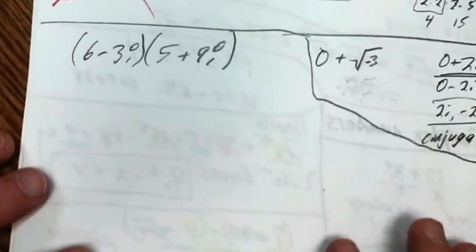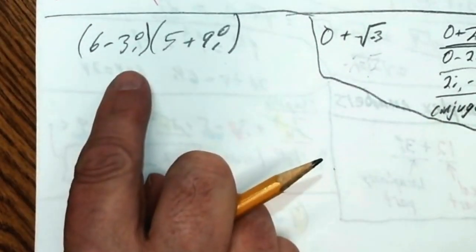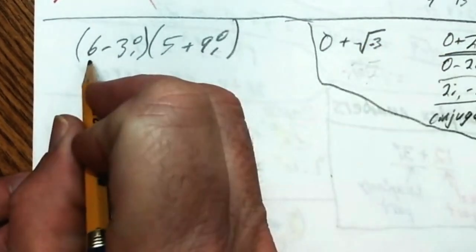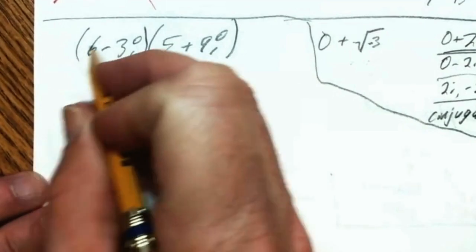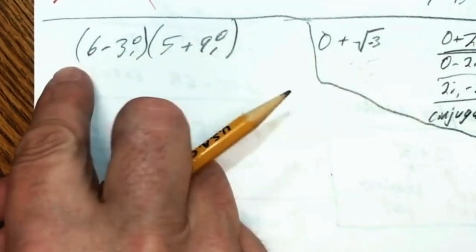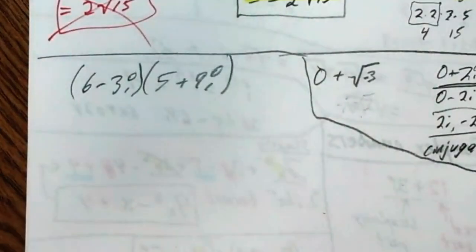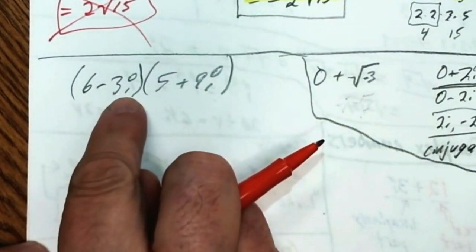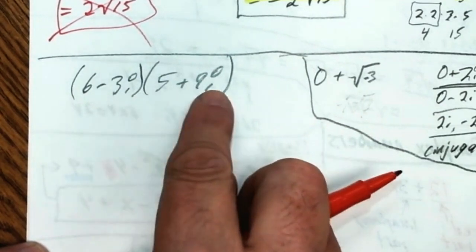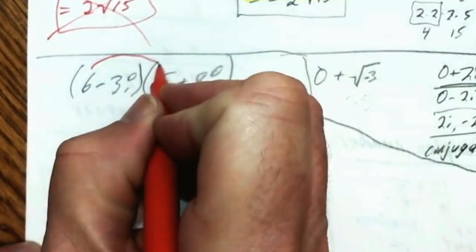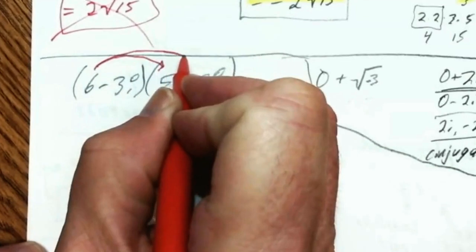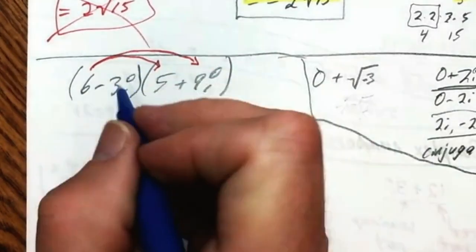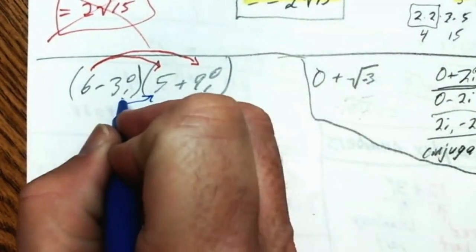Okay, so this is the type of problems you'll see, multiplying two complex numbers. You're just distributing because you have parentheses, so you have to distribute just like we do anytime, think of it when we had 6 minus 3x and 5 plus 3x, you just distribute. So this will be multiplied by both of those terms. And then after we do that, we take the second term and multiply it times both terms.